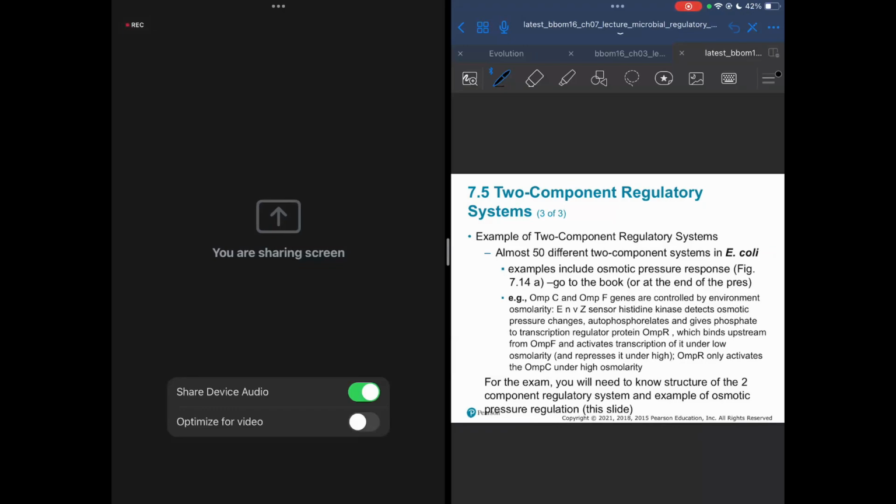OmpR only activates OmpC under high osmolarity.